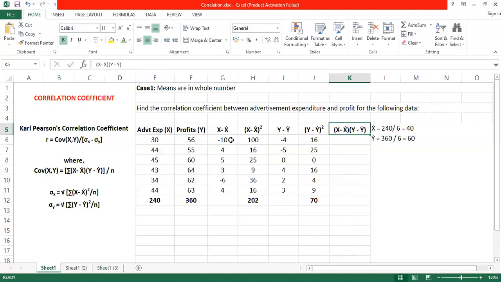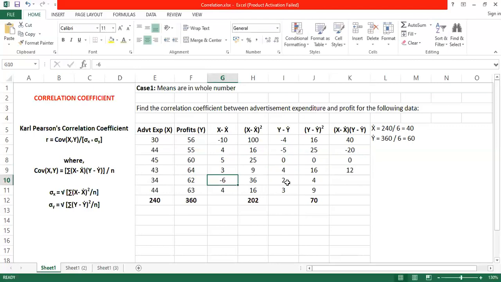So x minus x bar is minus 10 and y minus y bar is minus 4. So minus 10 into minus 4 is 40. This is 4 and this is minus 5, so it is minus 20. This is 5, this is 0, so it is 0. This is 3, this is 4, so it is 12.